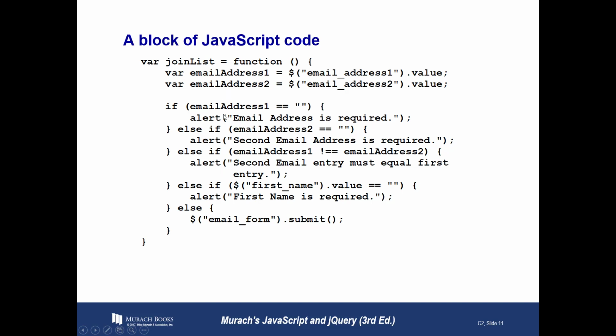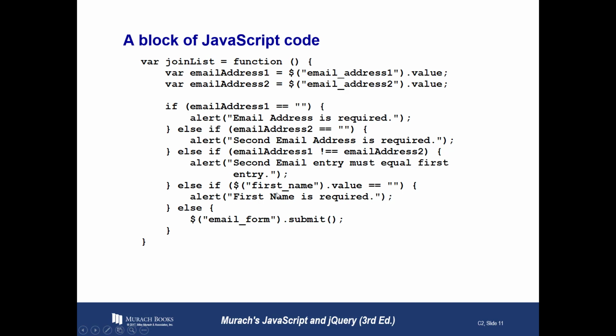Then do some simple validation. If the first email address is blank or empty, say email address is required. If the second one is blank or empty, say the second one is required. If the two do not equal one another, maybe I put hello in the first one and hello123 in the second one, then say second email entry must equal the first entry.